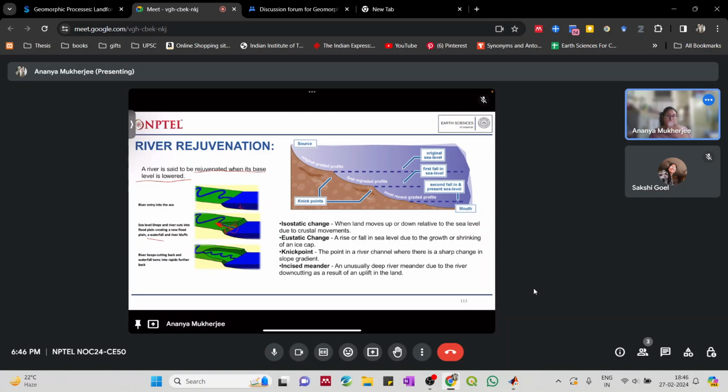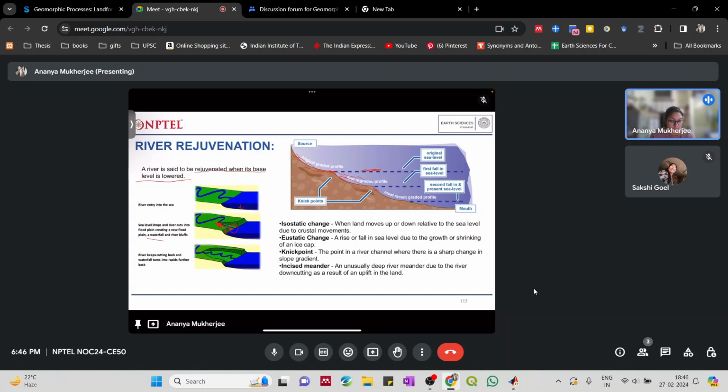If you see the cross sectional view, at first this was the channel slope that was present because the original sea level was over here. So if the fall in sea level happens, you can see that the slope was like this, now the slope has changed.